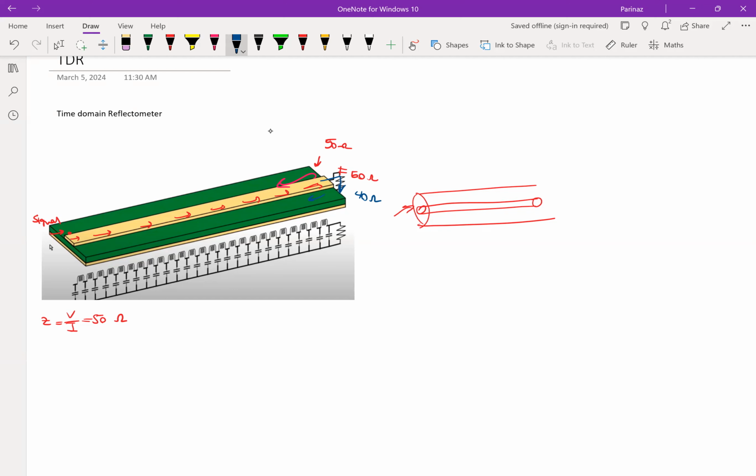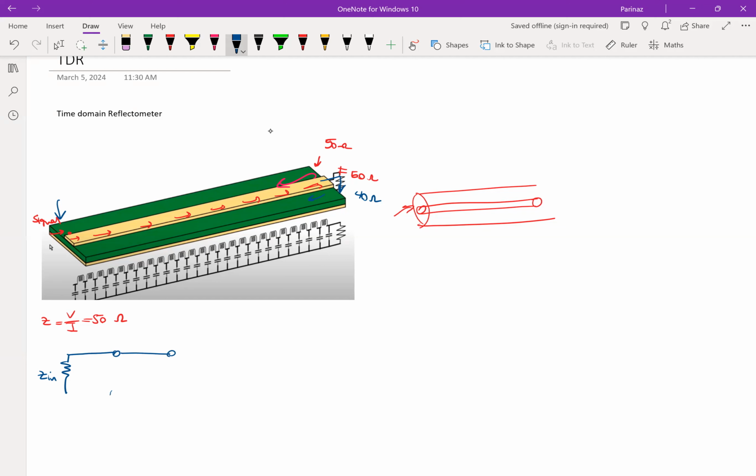So whenever the impedance that the signal is used to, wherever it's launched from, is different from what it's going through at each point, this reflection can happen at this point when we have a Z in of, let's say, the signal generator or the connector or whatever it is, to this transmission line.